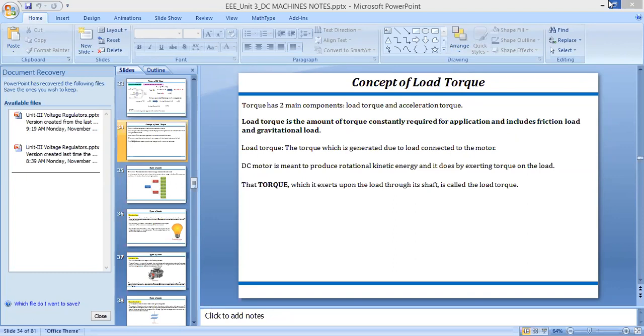In a shunt motor, the power supply is given separately to the field winding and to the armature. Then we have studied about the torque and the EMF equations for the DC motor. Now we have to see about the concept of load torque.